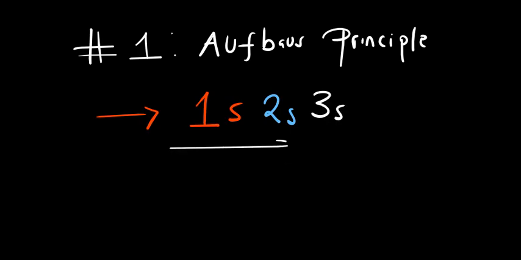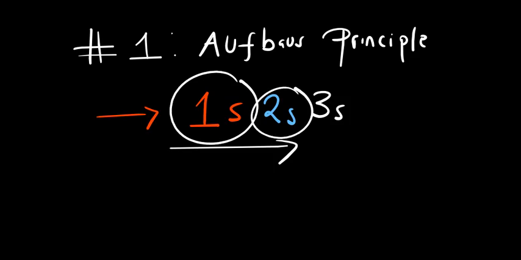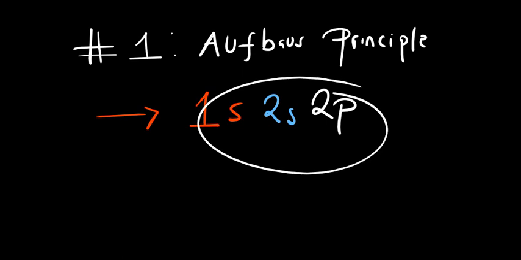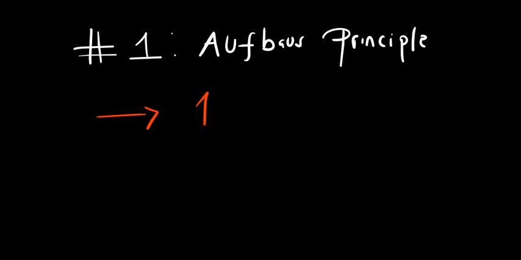So basically that's how you are going to move. You fill the 1s, go to the 2s, then you go to the 2p actually, 2p. Like that. That's how you fill the electrons. So that's the Aufbau principle.